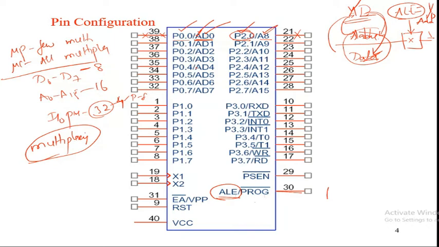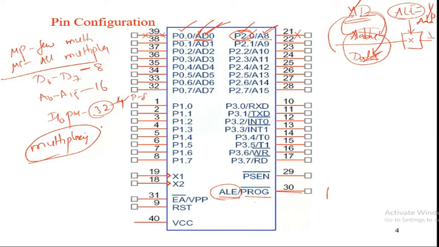If it is 0, it operates as a data bus and can also be used as a port pin. And when you convert into programming mode, all are operated as port pins itself. Like that, we can identify which pin is active based on the ALE signal.